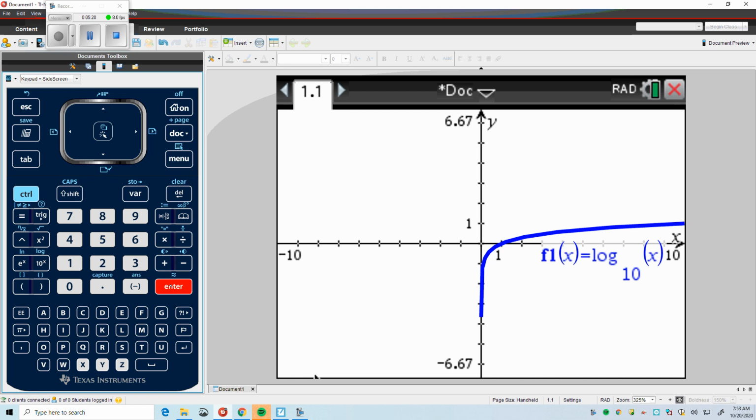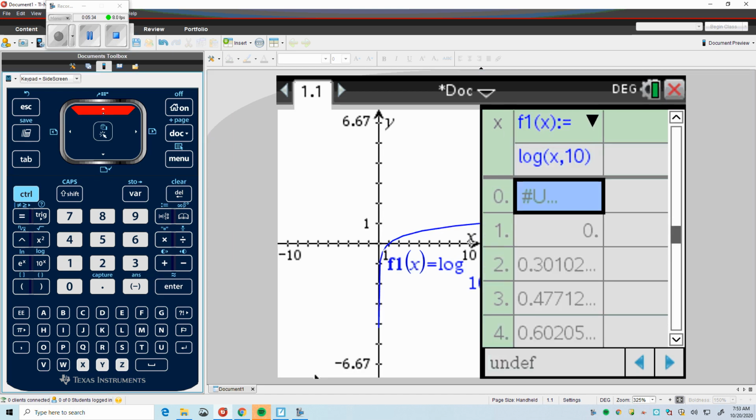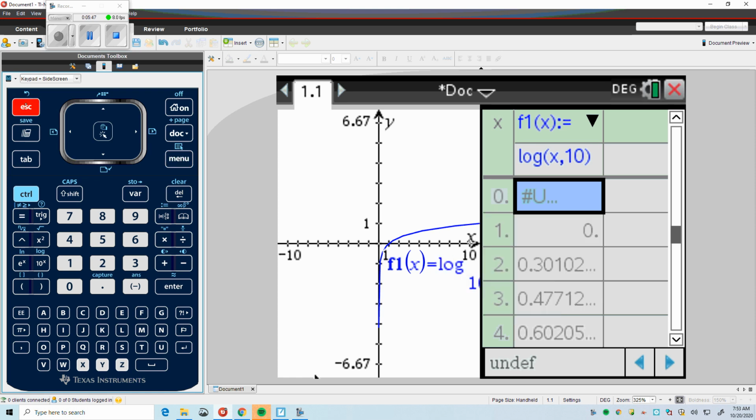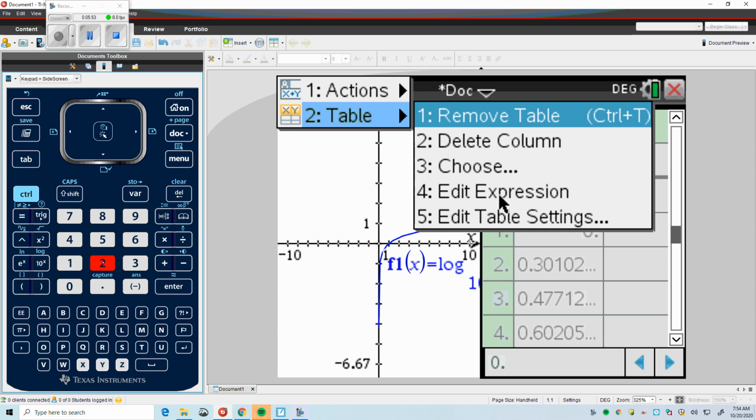And if you go to your table to analyze it, as you get closer to 0, what your table is going to do is tell you it's undefined at 0. If we were to change this in our menu, go to our table settings, and we could edit the table settings, which is number 5.